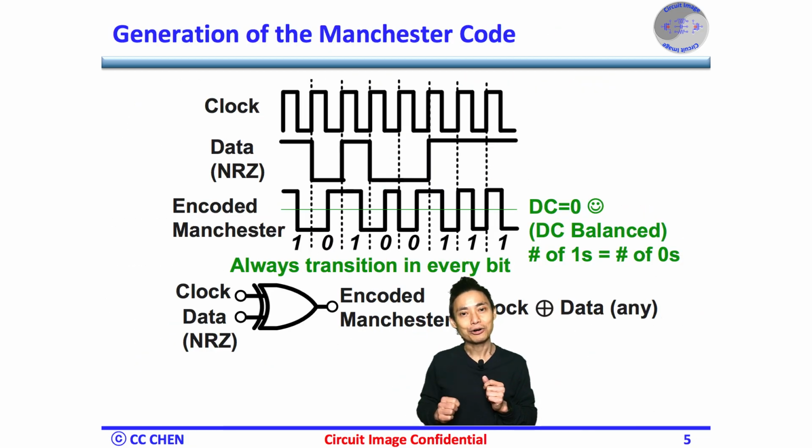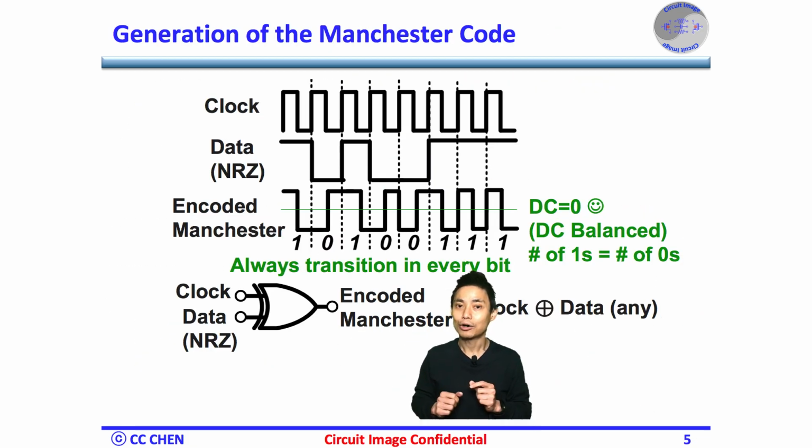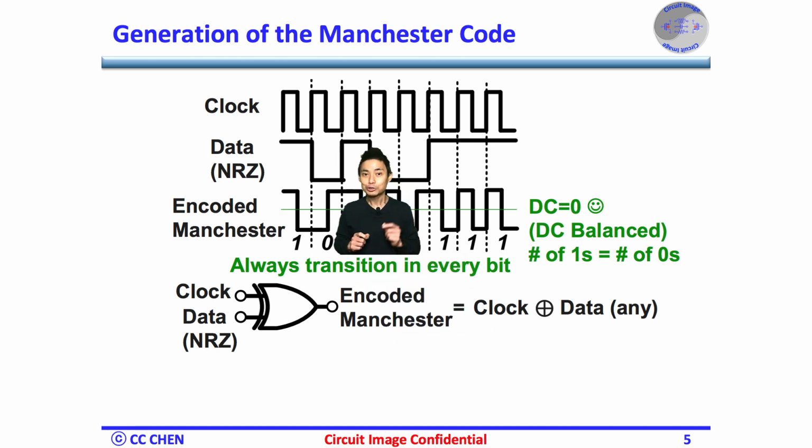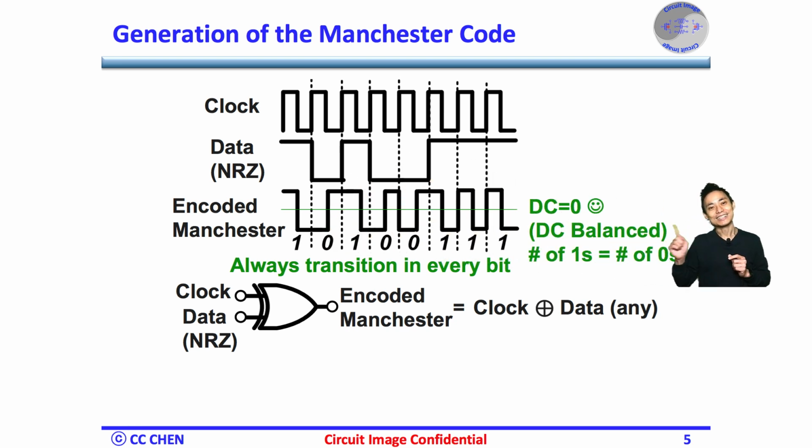The first line code is the Manchester code, which is an extreme case that always has a transition in each bit period, and it must be DC balanced since it does not have any DC component at all. The data information is mapped as follows.